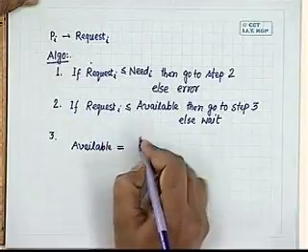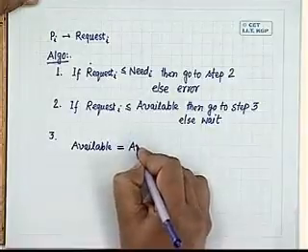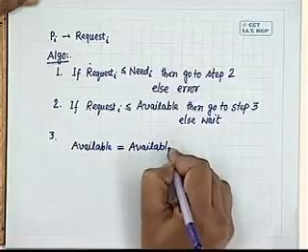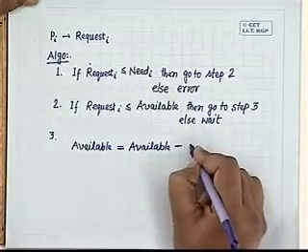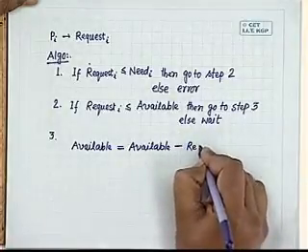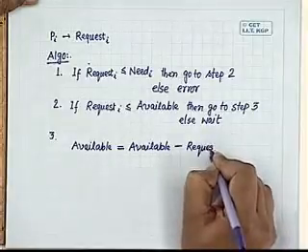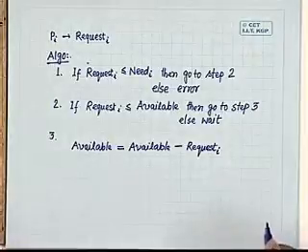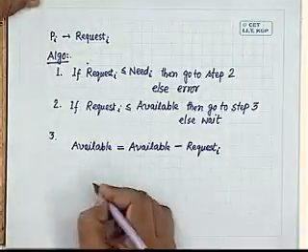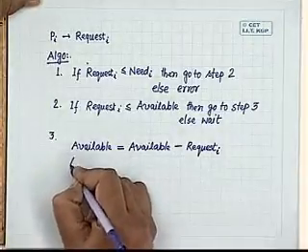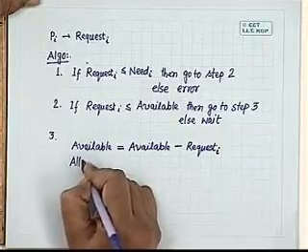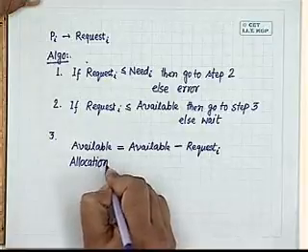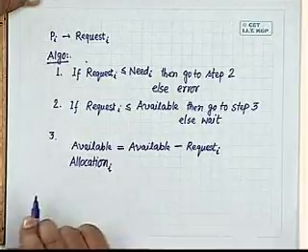So you make available equal to available minus request I. You see that I am only modifying the data structure. The resources are not physically allocated. Then allocation I, because allocation is a matrix and we have to modify the ith row in the matrix.